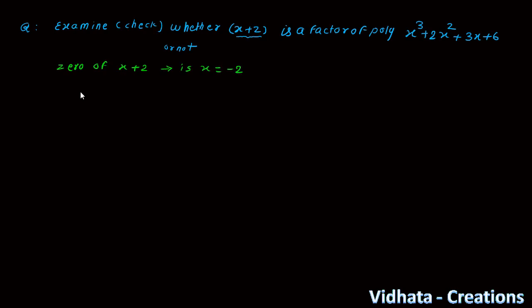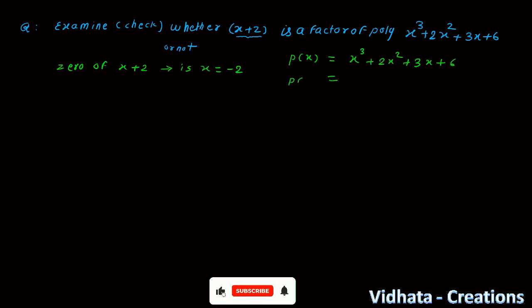By taking x equal to minus 2, let us put this value in place of x in the polynomial and find the value of the polynomial. Our given polynomial is p(x) equal to x cube plus 2x square plus 3x plus 6, and we want to find its value at x equal to minus 2, the zero of x plus 2.